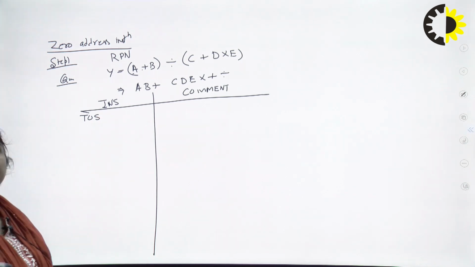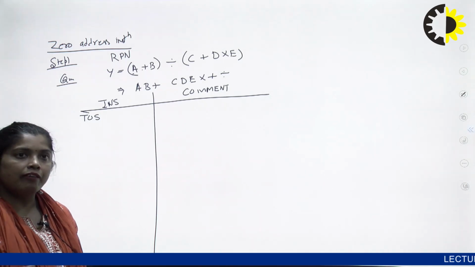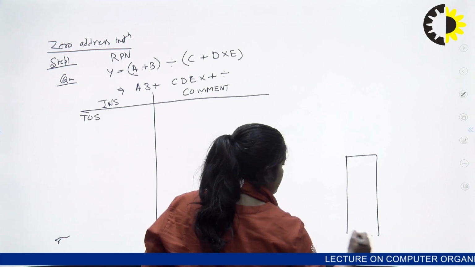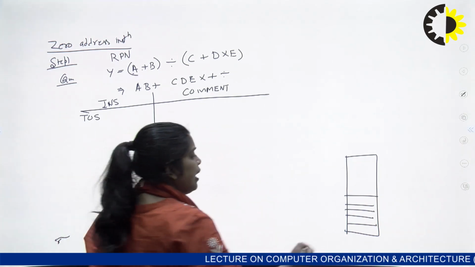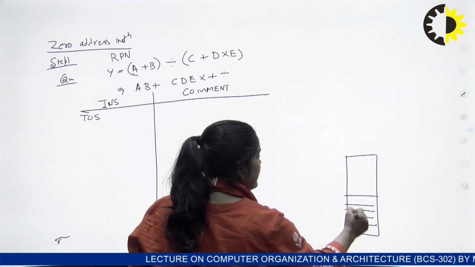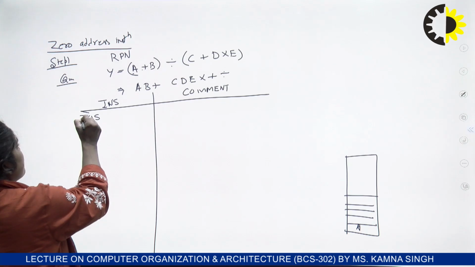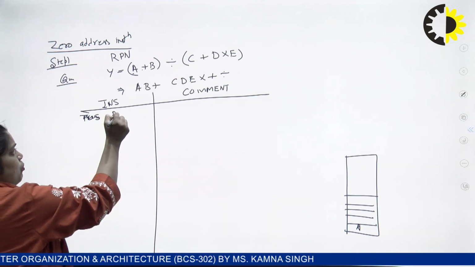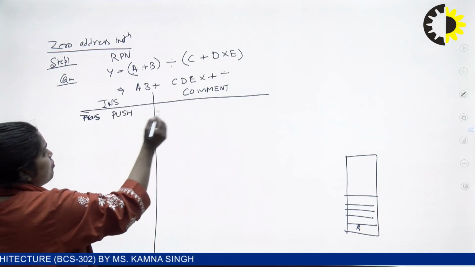In the top of the stack, there is an A. It is just like the push and pop operation. There is a stack, and in the stack you are inserting A, B, C, D. So in the instruction you can write it as push. Only push, there is no other operand. That is push A.